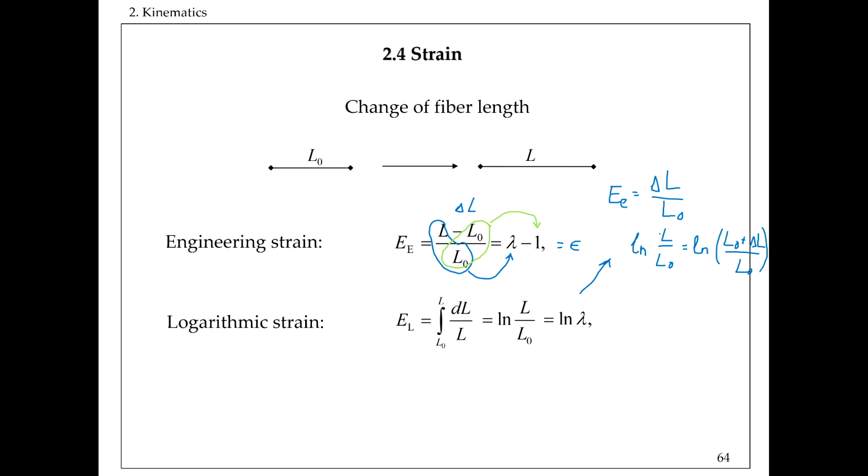So L is nothing but L0 plus delta L, and so if we continue, that will be ln of 1 plus epsilon. Why do I write epsilon here? Because that's exactly delta L divided by L0, which is how we define the engineering strain, or simply strain, in the beginning.